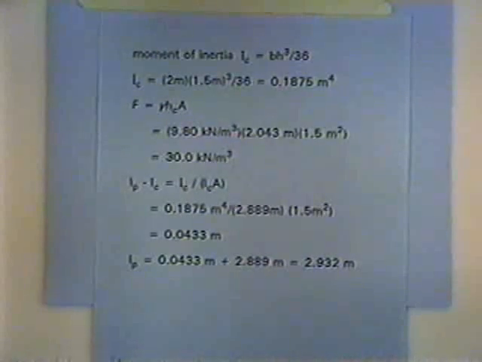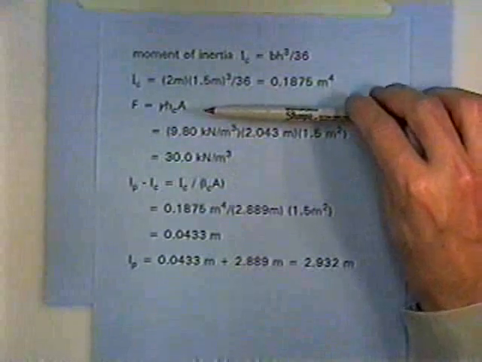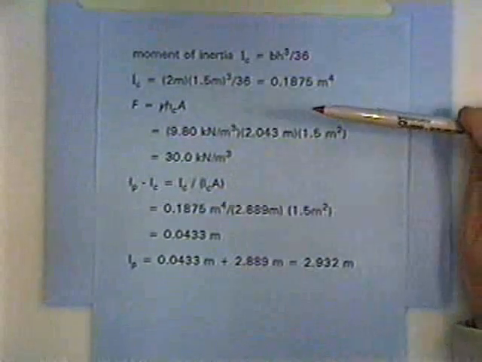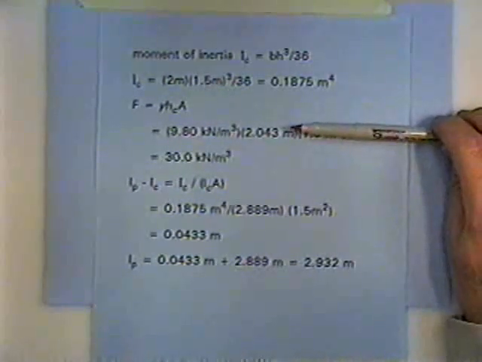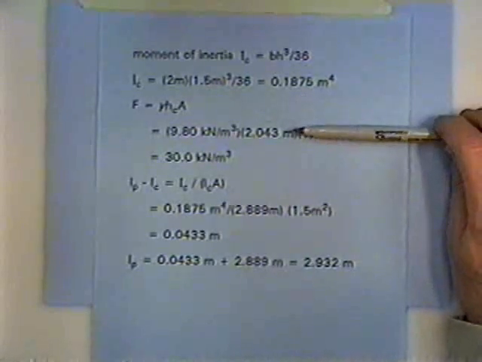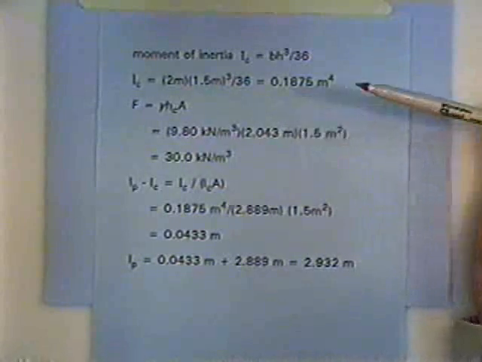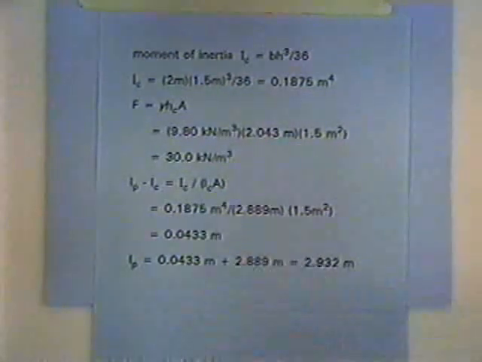And so we have all of those values we need to plug into the basic equations now to get the force and the location. So taking our first equation and computing the force by plugging in the unit weight of the water, the 9.8 kilonewtons per cubic meter, that vertical length of the fluid column measured from the water surface to the center of gravity of the plane surface, the 2.043 meters, and then the area of the plane surface of 1.5 square meters, we get a force of 30 kilonewtons.